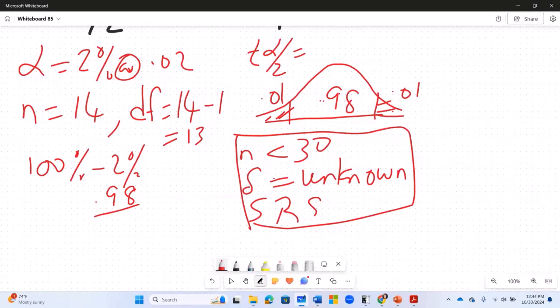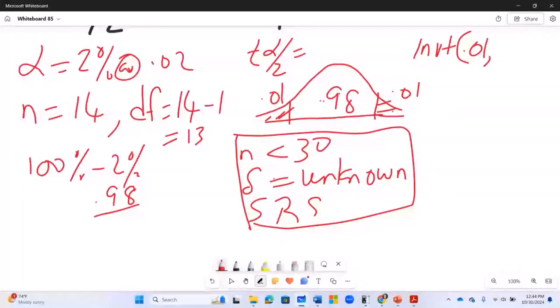To find T alpha over 2, the argument is going to be inverse T. Then I'm going to write area to the left in decimal, which is 0.01 this time. Then the next thing is going to be degree of freedom, 13.